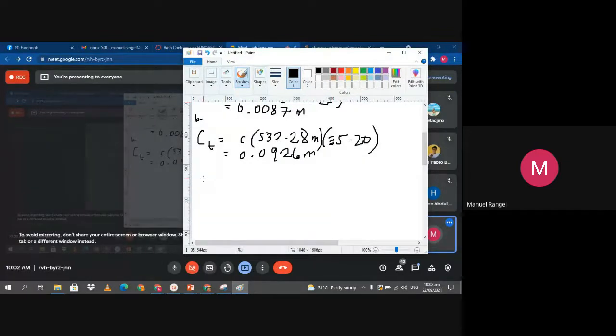Then for letter C, the correct length of the line. So what would be the correct length of the line? So corrected line is equals to the measured value of 532.28. Then let's add the correction due to temperature. So that is equals to 0.0926.